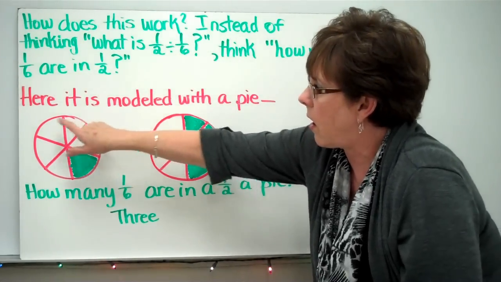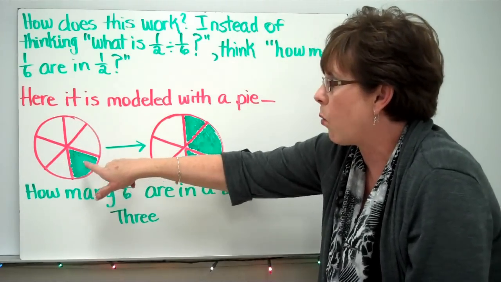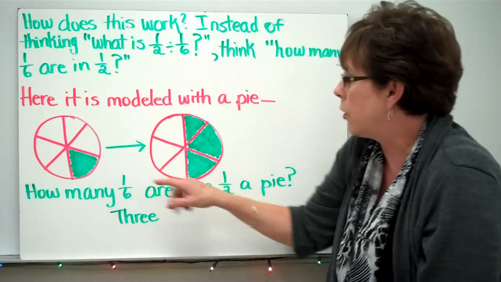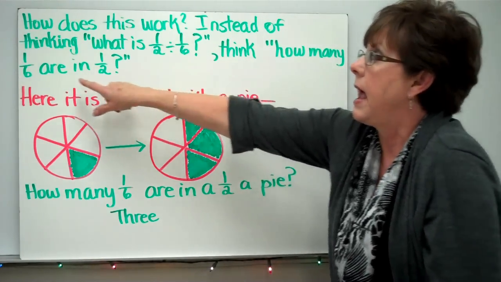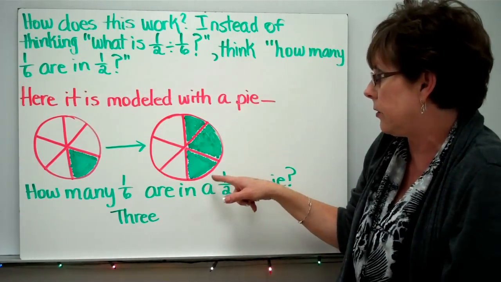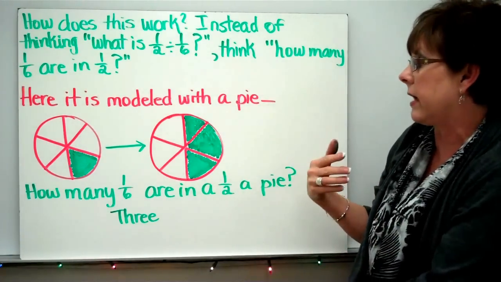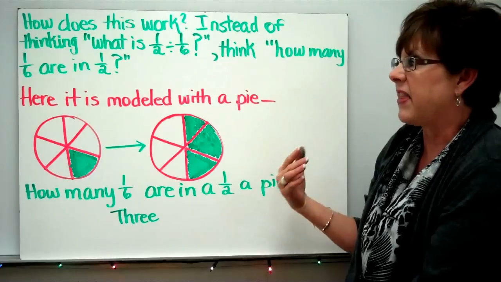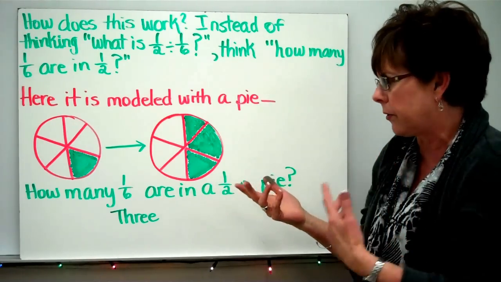Let's say that there are 6 parts. Here is 1/6. How many 1/6 pieces could fit inside an entire half of a pie? How many sixths are in a half? Well, if you look at it, you will see that there's 1, 2, 3 sixths that are in a half of a pie.